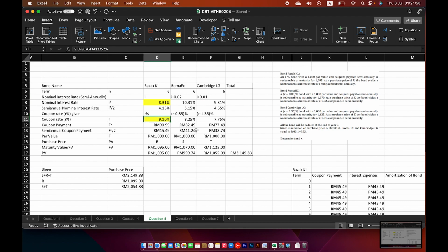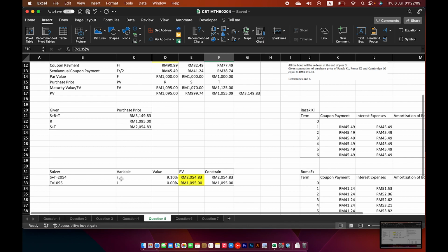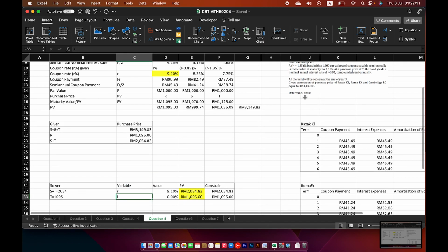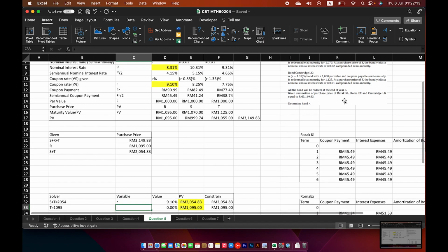For the coupon rates, Razak KL is given as R%, Roma is R minus 0.5%, and Cambridge LG is R minus 1.35%. We are going to find the variables R and I. Determine R and I.